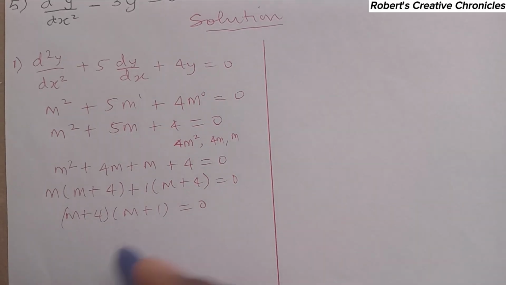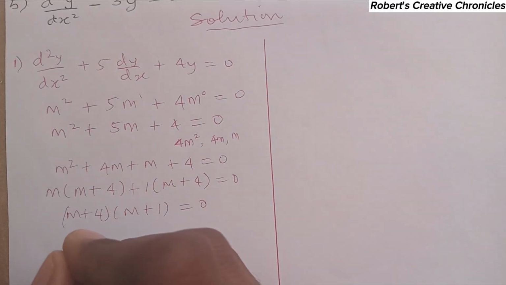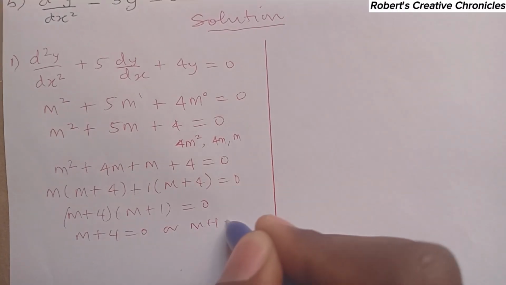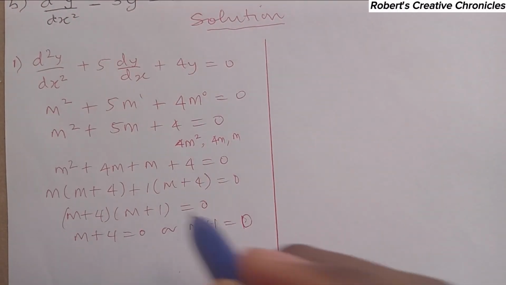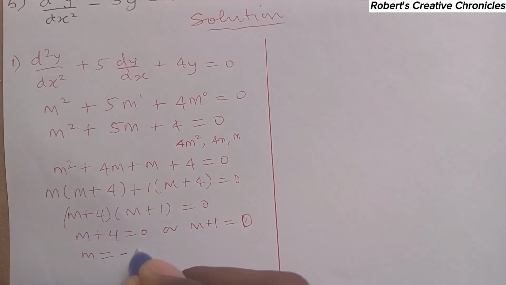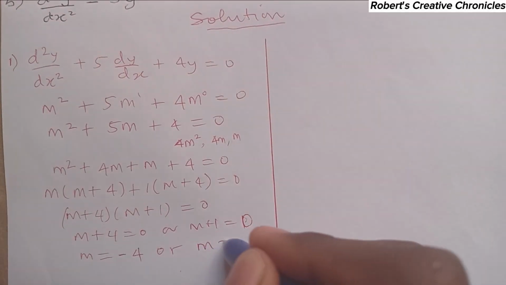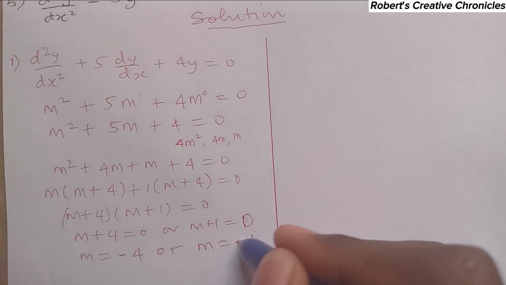So now we can equate these two factors to 0. m plus 4 equals 0, or m plus 1 equals 0. So m is equal to -4, or m is equal to -1. So these are the two answers.